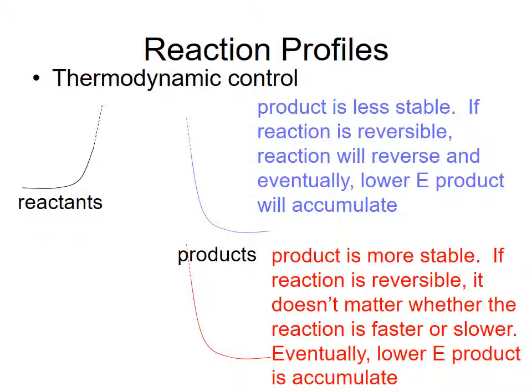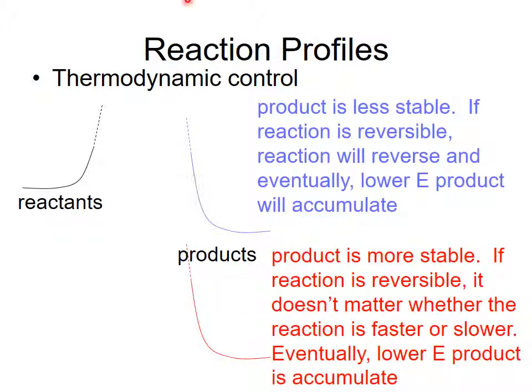The thermodynamic product, the one that is slower to form, it's more stable. And it will never form if you're just allowing the reactants to go one time, because the faster reaction will occur. But if you allow this one to reverse, eventually this one, which has a higher transition state, will start accumulating products here, because this is not going to go backwards.